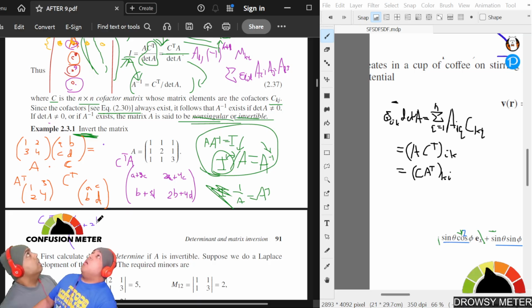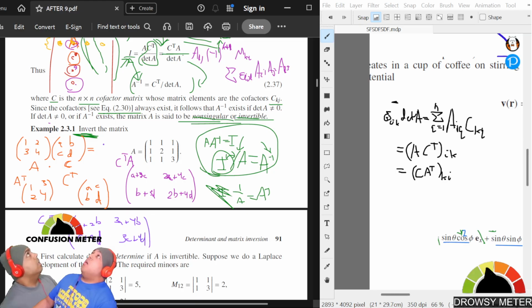Next up we have this times this, 3A plus 4B. Next, C plus 2D. Then we have 3C plus 4D.